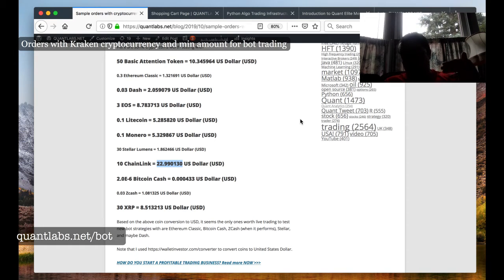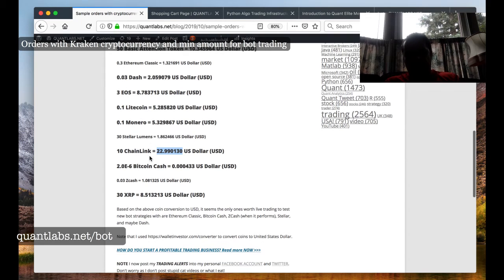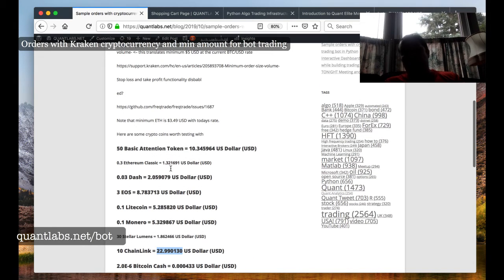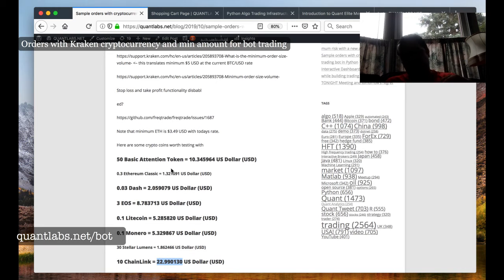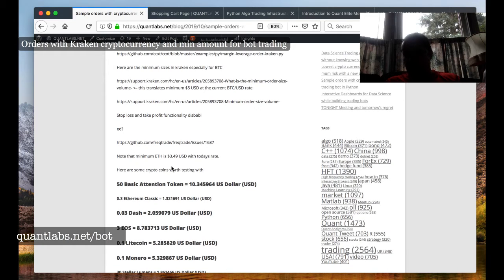I'm hoping I got this right. EOS, $8. Dash, $2. Monero, $5. These are approximate, depending on where the market is on the exchange rate between, say, Bitcoin and US dollars. There are a few that are very low that I would use to start your early bot development. It's really only two. There's one that's less than, it looks like, if I'm not mistaken, and I hope it's not a typo, a penny per trade. Disgustingly cheap to start your trading with that crypto. You can get it here.